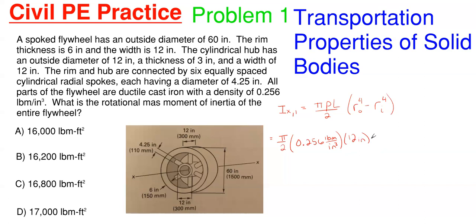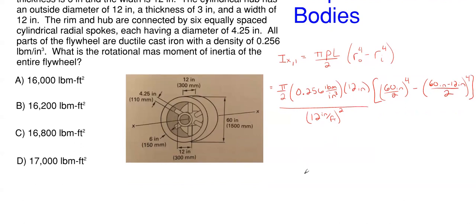My outer is 60 inches over 2, because we need the radius, not the diameter, to the power of 4, subtracting off the inner one. We are 6 inches thick on each side, so that means we are subtracting off 12 inches, 60 inches minus 12 inches all over 2, to the power of 4, close off our bracket. Then we have our conversion of 12 inches per foot, and this time it has to be squared because of the amount of feet and inches conversions that we need.